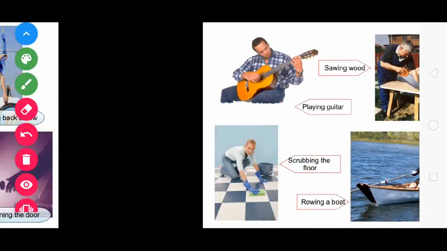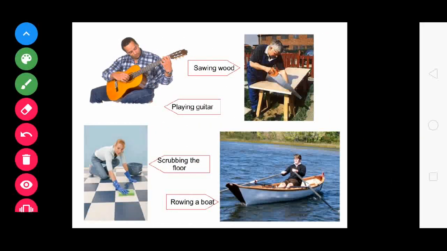And here let me give examples of both pull and push. Here, the man playing the guitar is sometimes pushing the strings downwards and sometimes pulling them upwards. So in this way, he is doing both pushing and pulling.